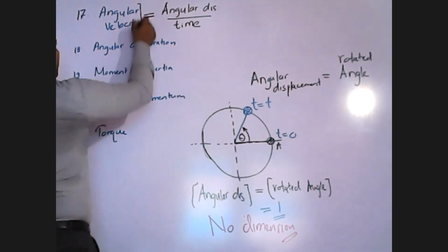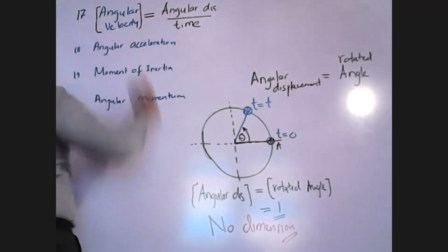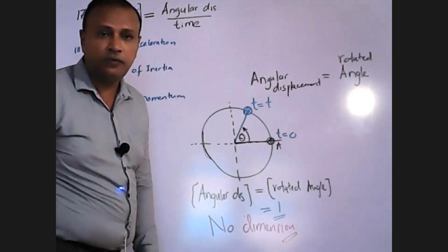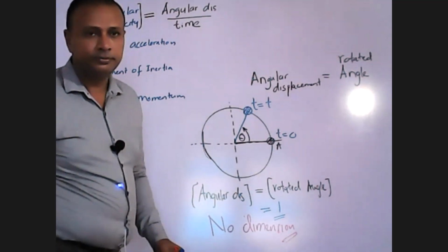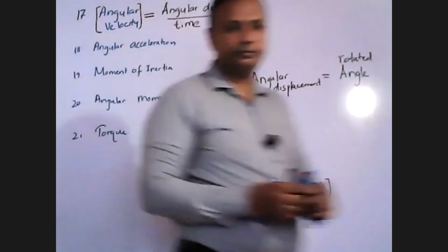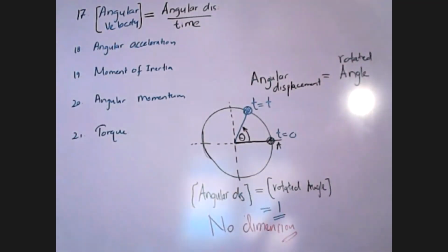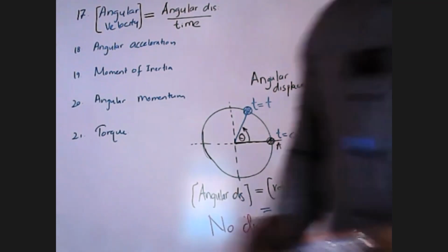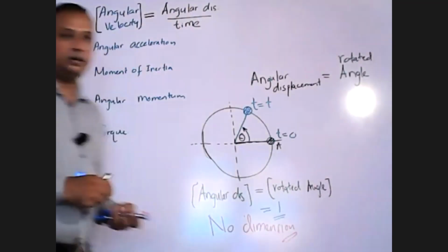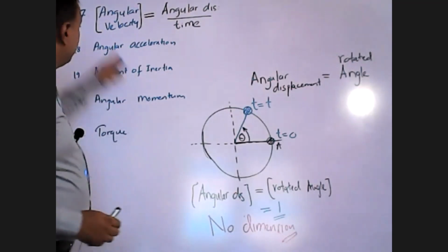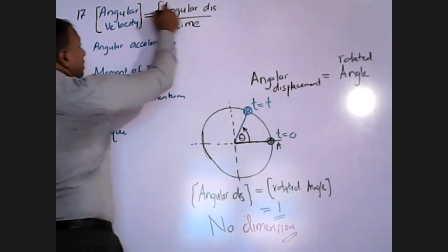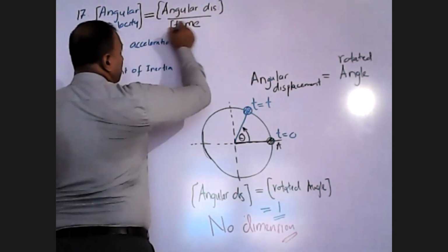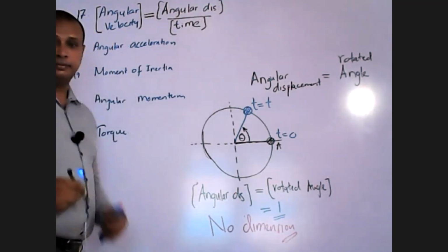Then we can write the dimension of angular velocity. The dimension of angular velocity is equal to the dimension of angular displacement over the dimension of time.